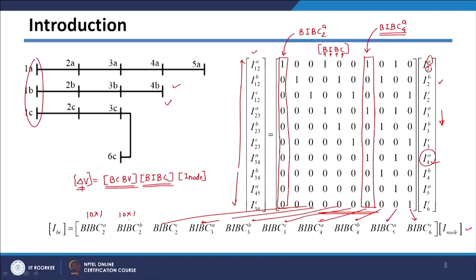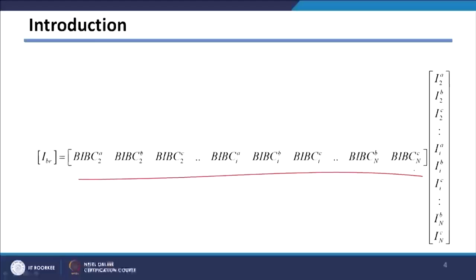So, we are dividing BIBC in terms of columns. In a generalized way, if you divide the general BIBC matrix, it will look like this, having many nodes. Corresponding to any ith node, the column matrix of BIBC will be called this one.